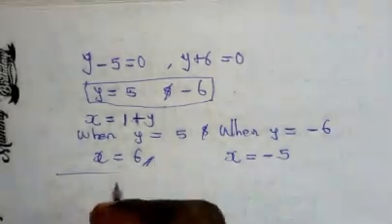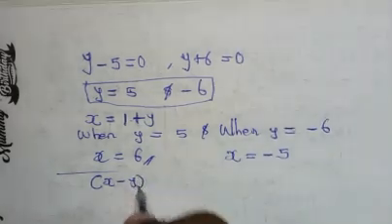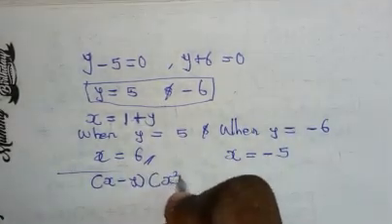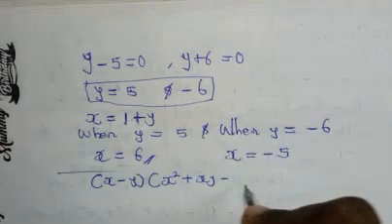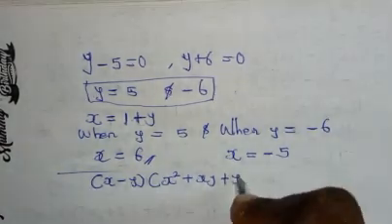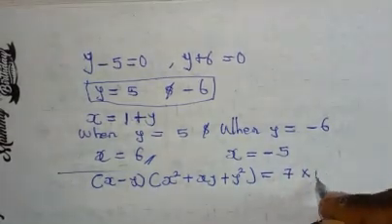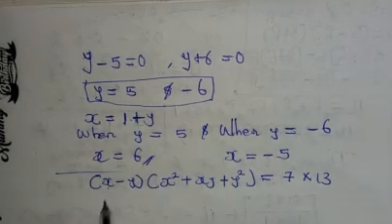Moving on to the second one, which says that (x minus y)(x squared plus xy plus y squared) is equal to 7 times 13. So we all know that this is going to be equal to the lesser one.